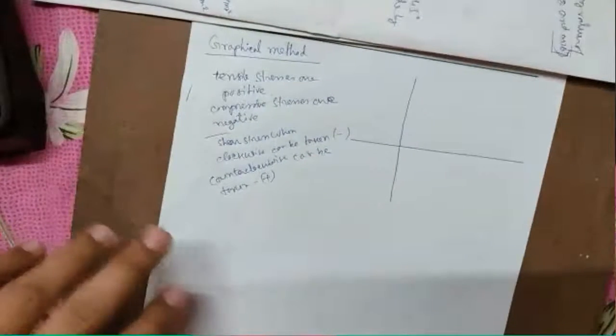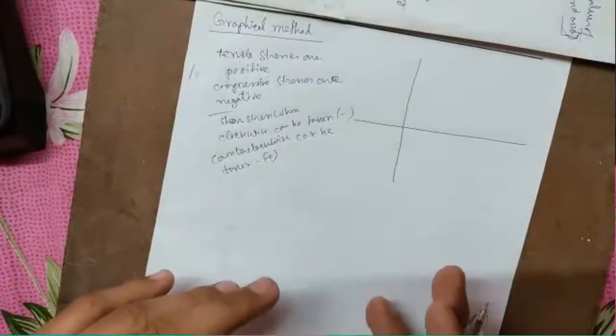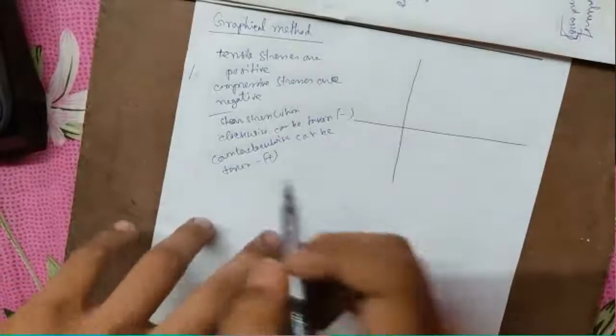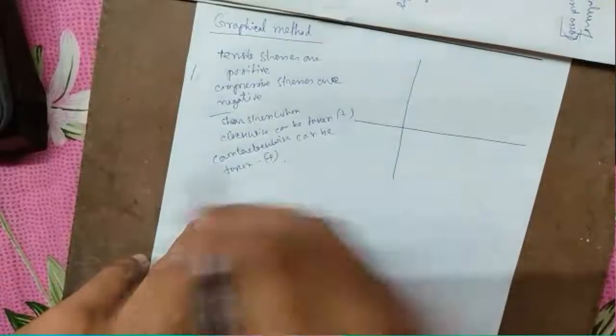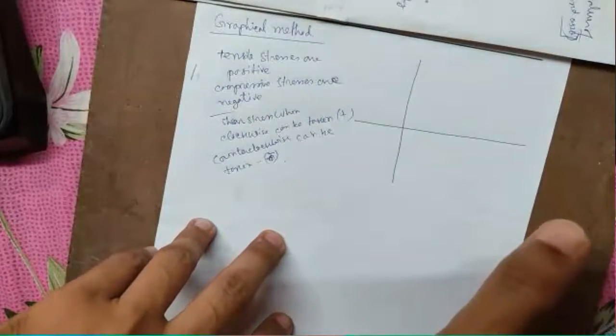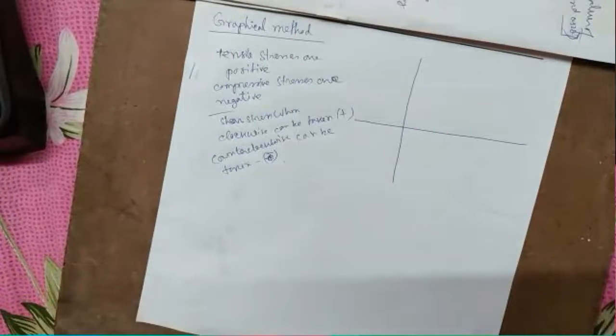Now you must understand that this is just an assumption. You can take the opposite also. So if you take clockwise as positive and counterclockwise as negative, then there is no problem, and you have to interpret the graph in that way. Okay, we are taking clockwise as negative and counterclockwise as positive. You can take the opposite also, that won't matter.